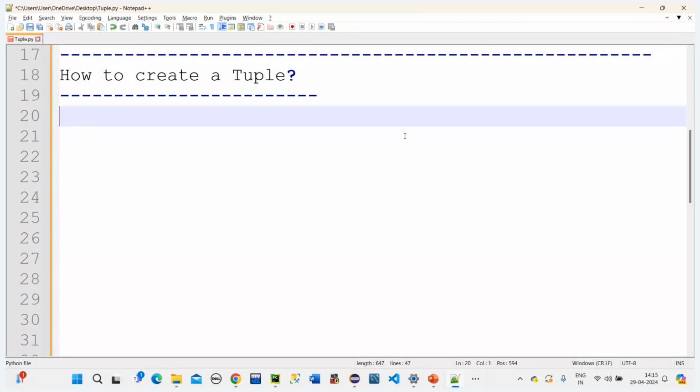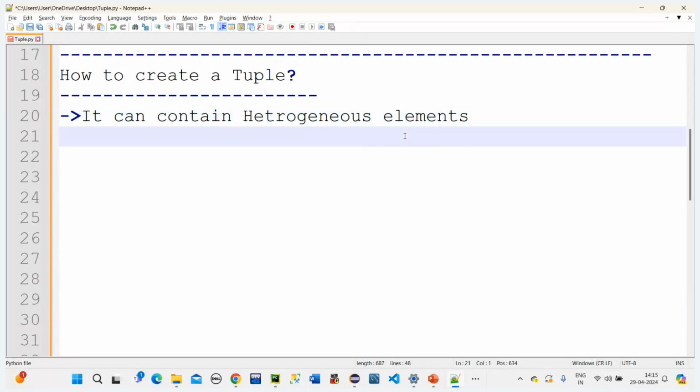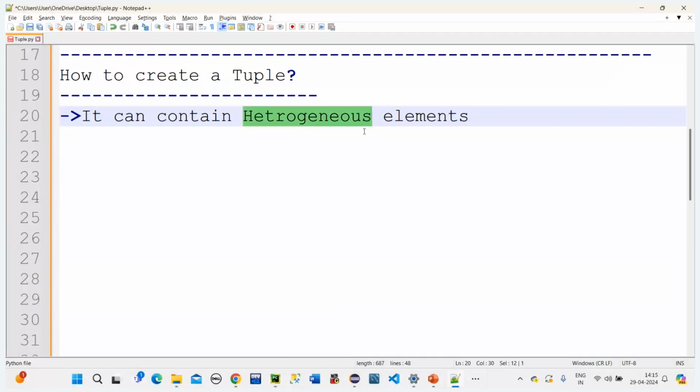Can you tell me what heterogeneous means? Different kinds of data, different data types, correct. It can contain heterogeneous elements, like a list also does.